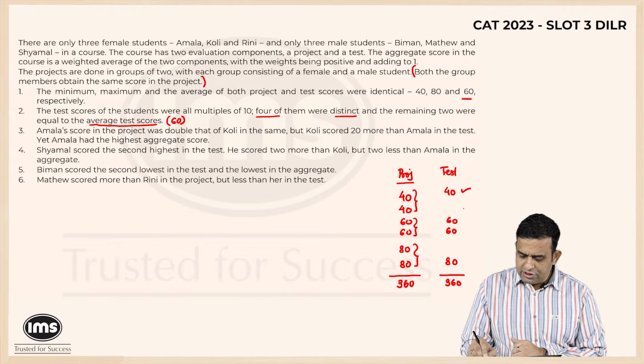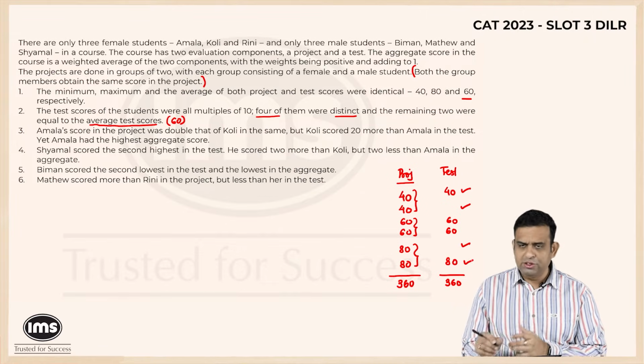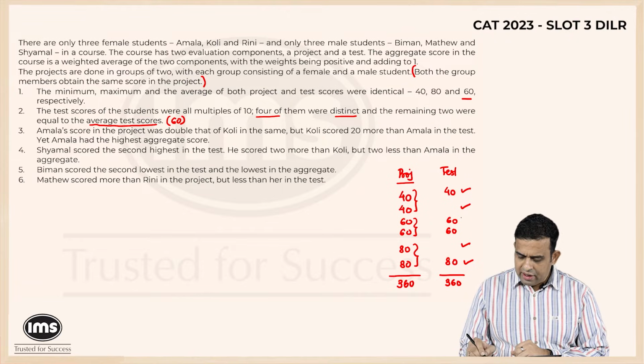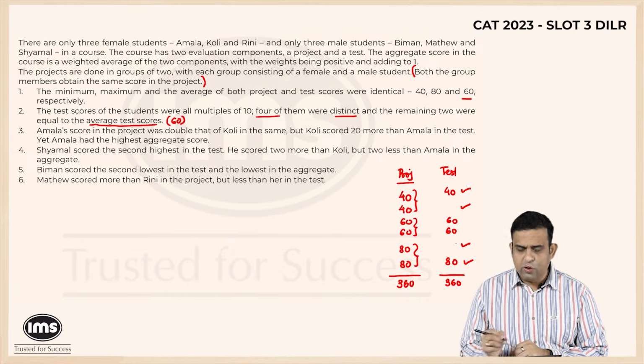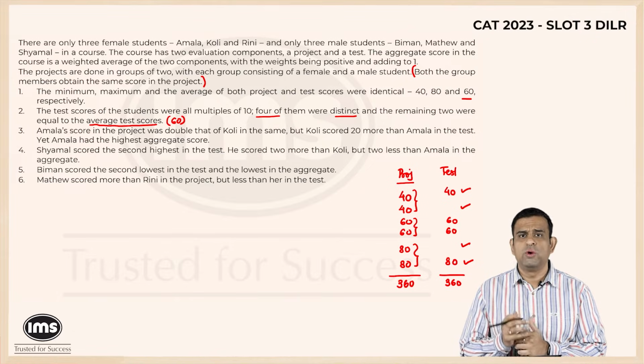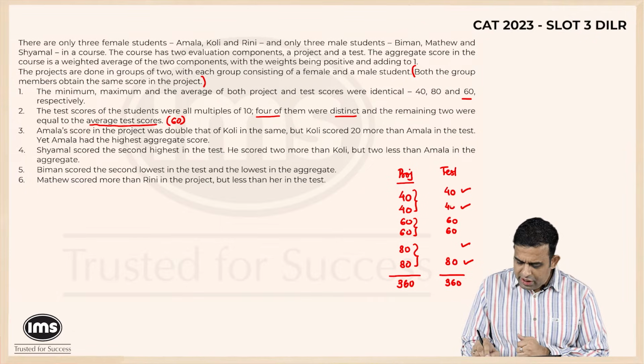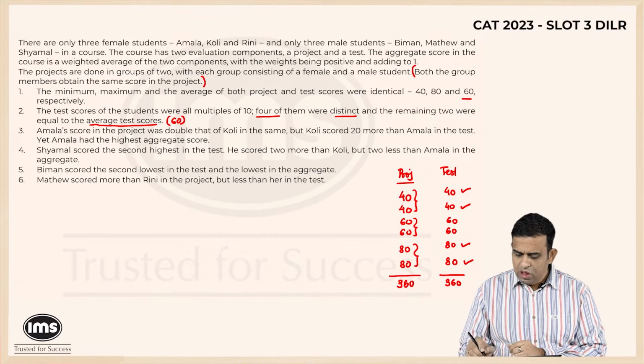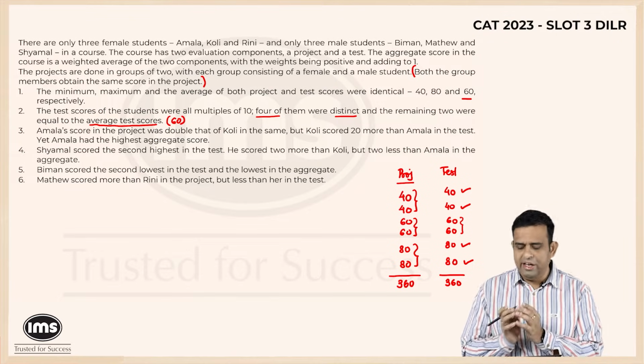And please note that these 4 places have to be 4 distinct numbers. Right now, if you look at the sum, it again comes out to be 240. You need another 120. So can I put a 40 here and an 80 here so that the sum becomes 120? And the answer is no, because apart from these 2 scores, I can only see 2 distinct scores, 40 and 80.